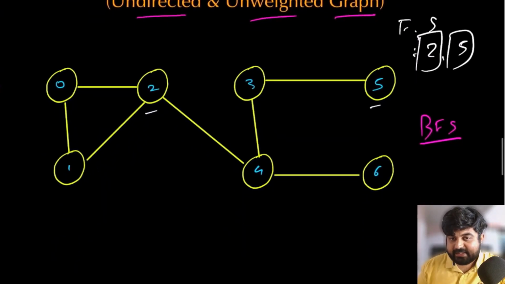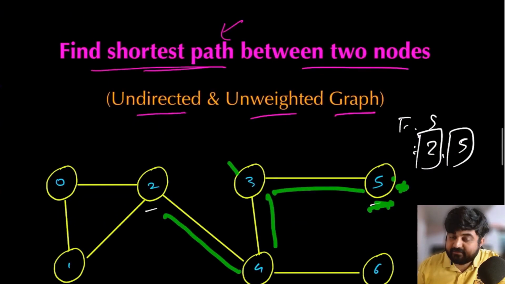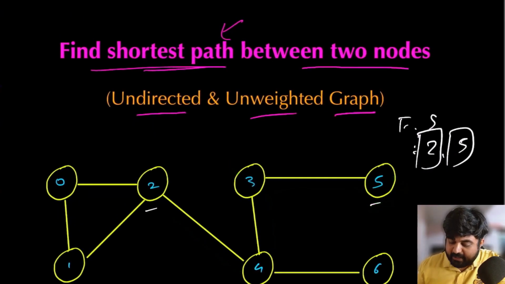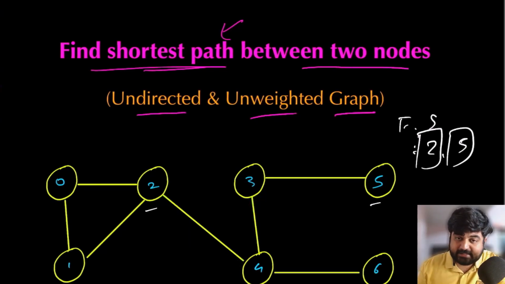And how it is able to achieve it is that we are going to start iterating from 2, and we will try to see whether we can go in any direction that leads us to value number 5. And if it can, we are going to mark that path, and we will try to see whether there exists any alternate path that provides us a better answer. If there does not exist an alternate path, we are going to mark this path as the most optimal path and return that as the answer.